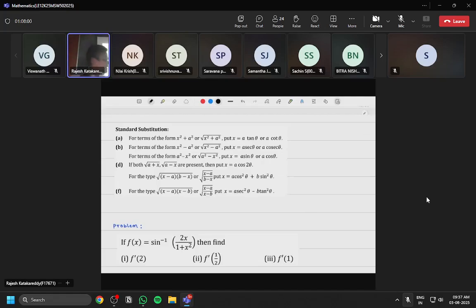Am I clear? Also, if you have something, this is from the 1 plus cos 2 theta and 1 minus cos 2 theta formula. This is also a standard substitution we can take, since it is easy to differentiate or integrate.